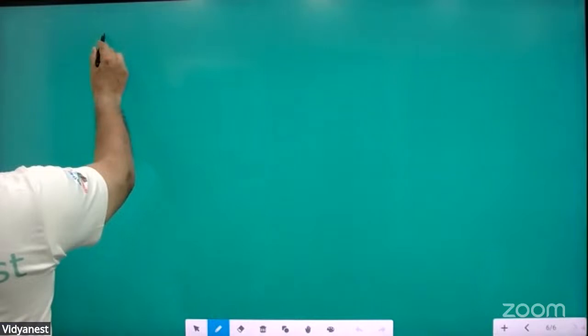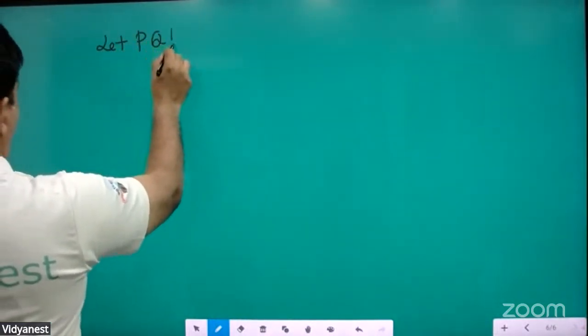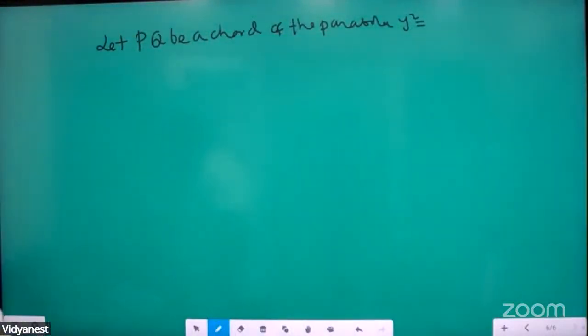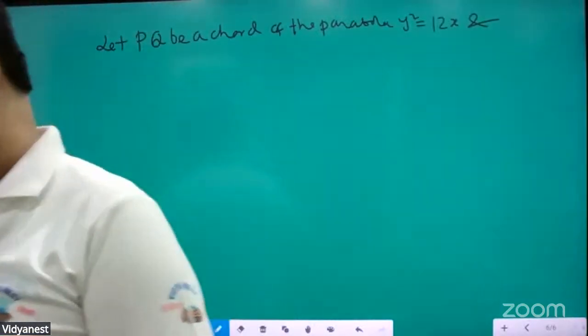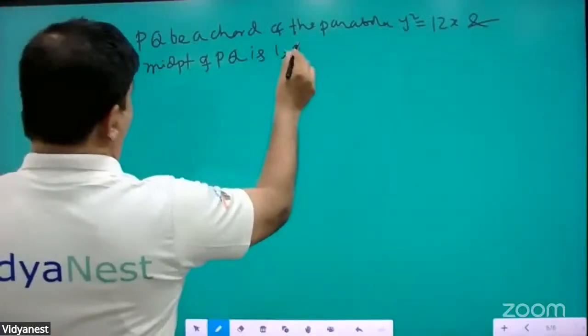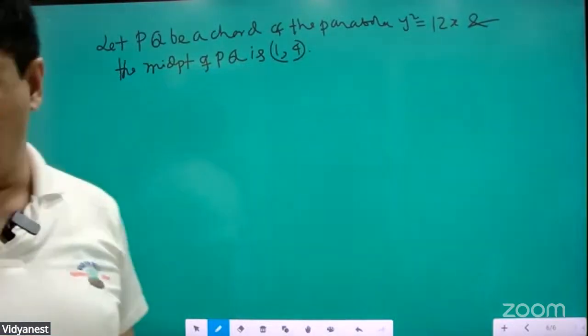Now one sum. Let PQ be a chord of the parabola y square is equal to 12x, and the midpoint of PQ is 1, 4. Okay, the midpoint is 1, 4.